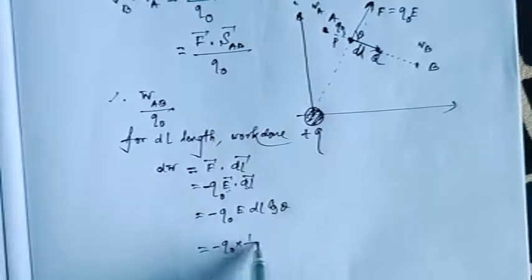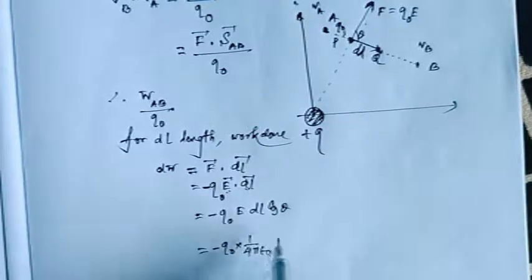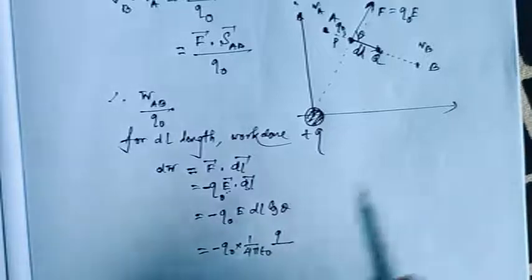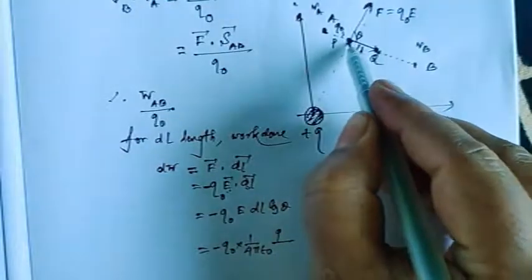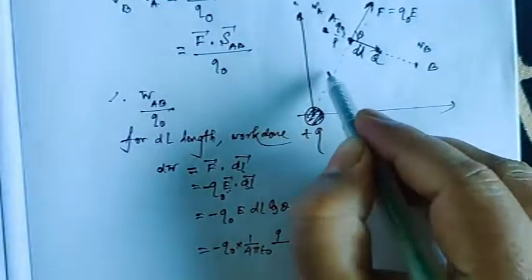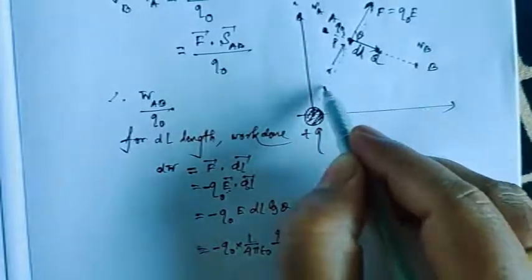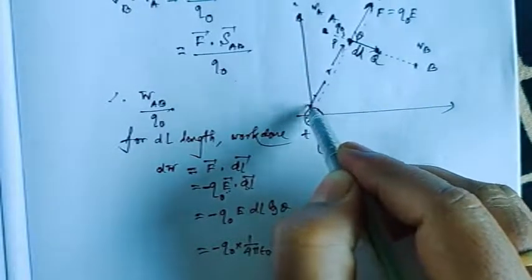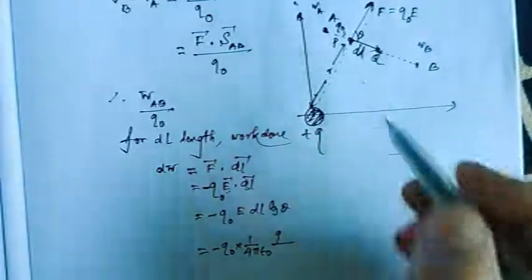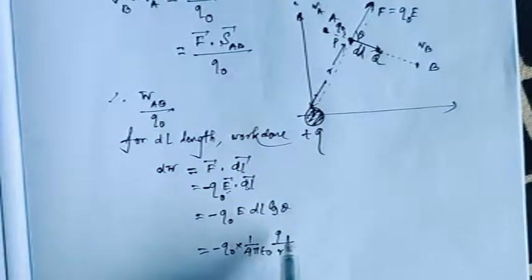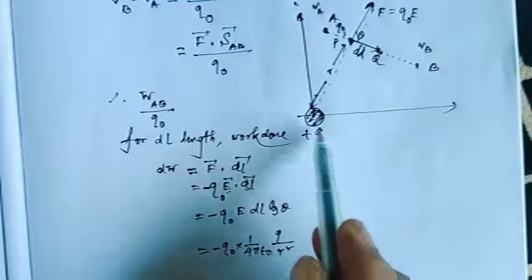E we can write as 1 by 4 pi epsilon naught q by distance square. Now let us assume this distance is nothing but r. This distance is r, therefore q by r square. Of course, this q must be this q, means source charge.